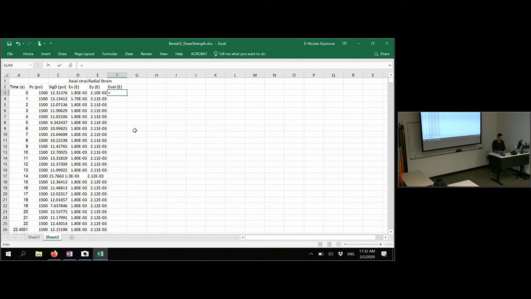Yes, it's a summation of all the strains, and because we're considering that the radial strain is going to be the same in two perpendicular directions, then we just multiply by 2. And what you're going to see is something like this. And notice the confining pressure in this test is 1500 psi, 3 times higher than the one that you did in the laboratory.